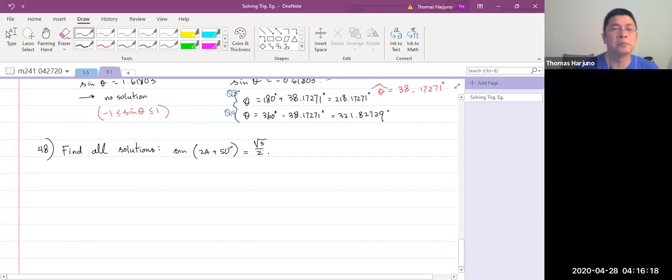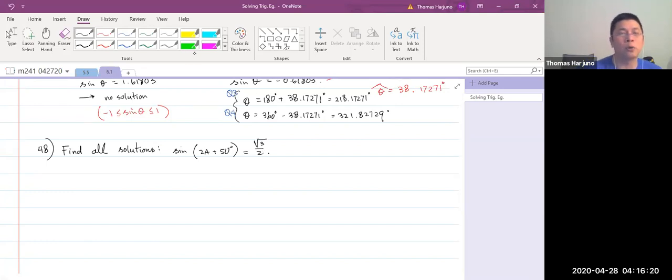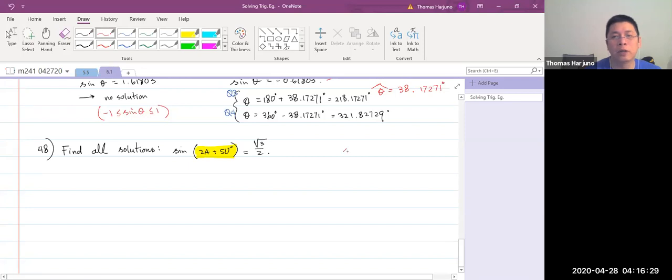Here's the idea. The way we'll solve it will be as the following. We will solve for the angle first, as if we are doing sine of blah equals radical 3 over 2. Then blah will be what?